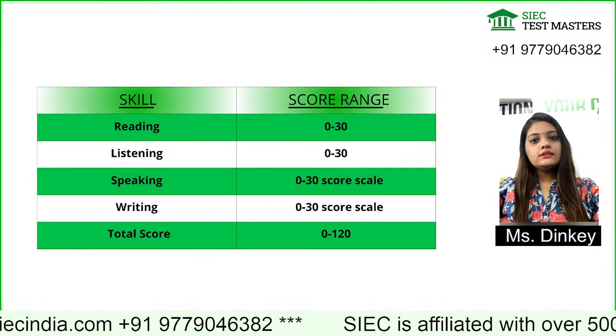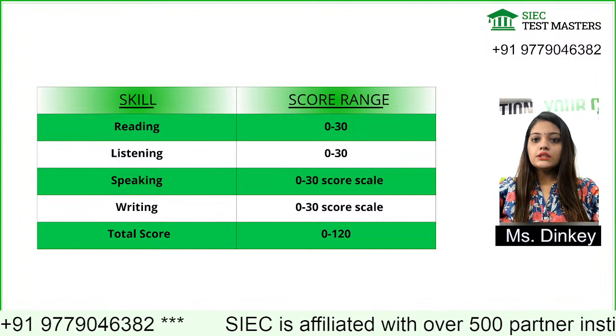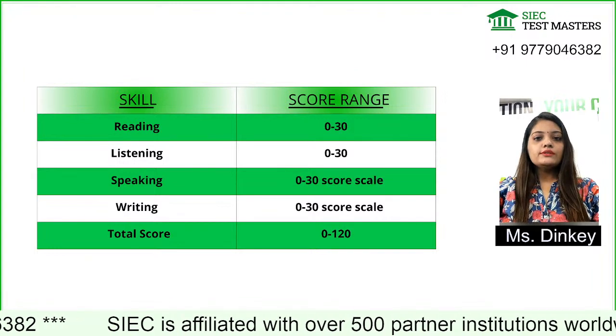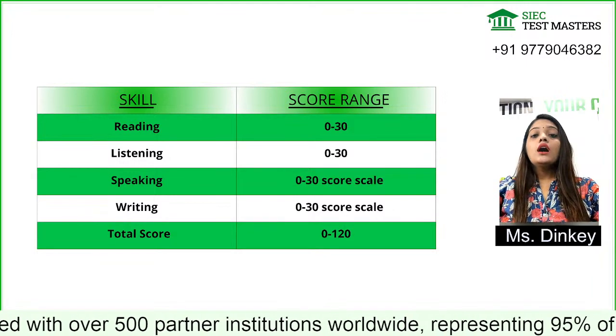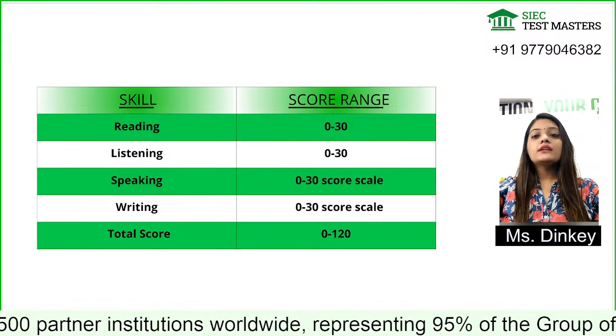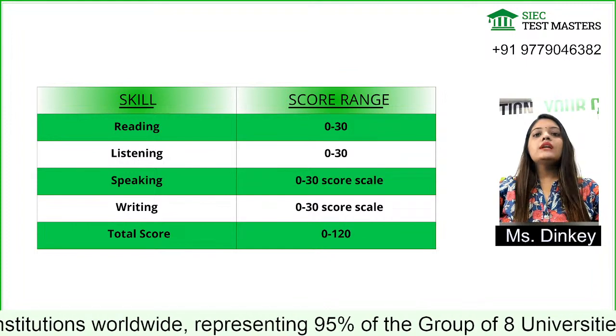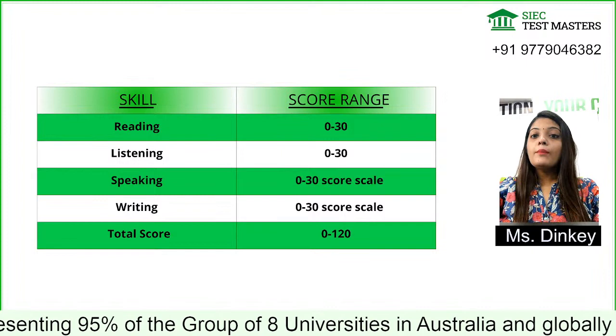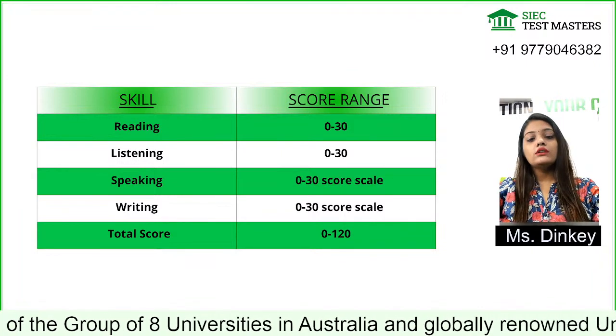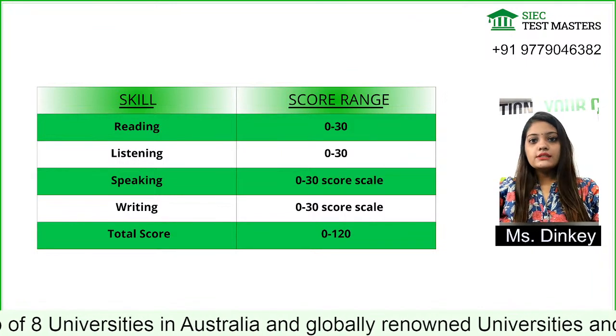Talking about listening, the same scores, from 0 to 30. These two modules, reading and listening, are scored by computer. It means the scores will be given by the computer. After the student completes the exam, they get to know the reading and listening scores on the spot because they are computerized.